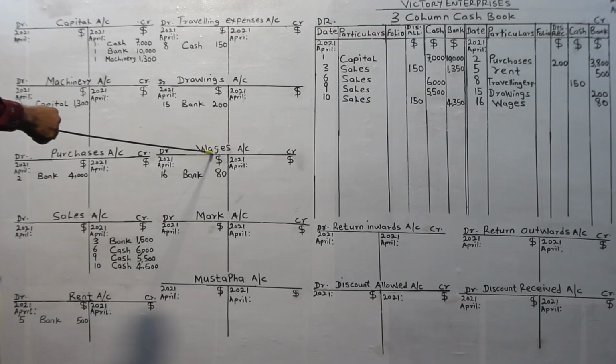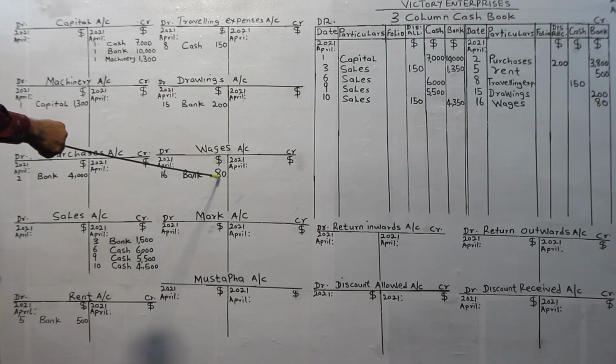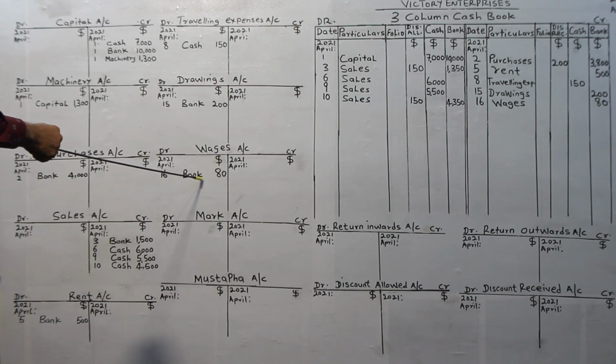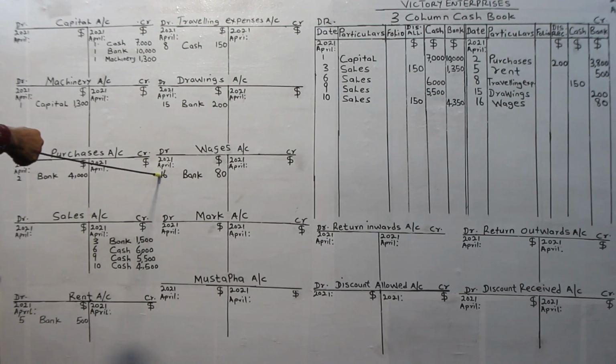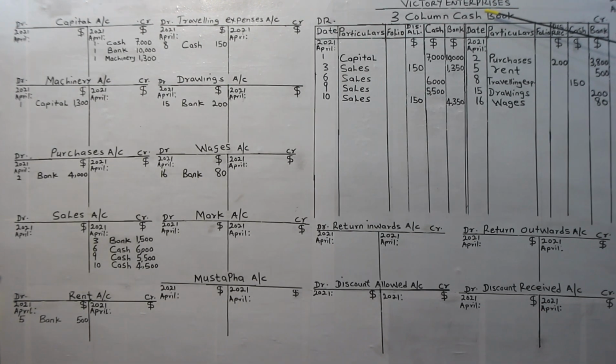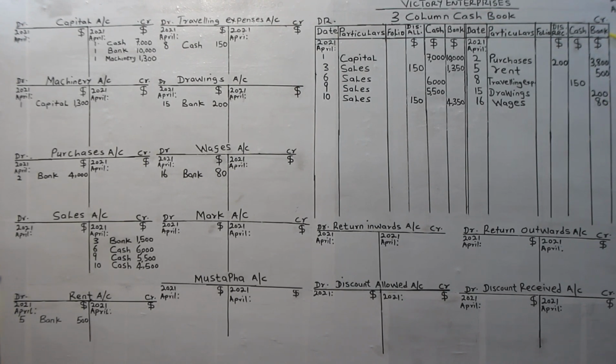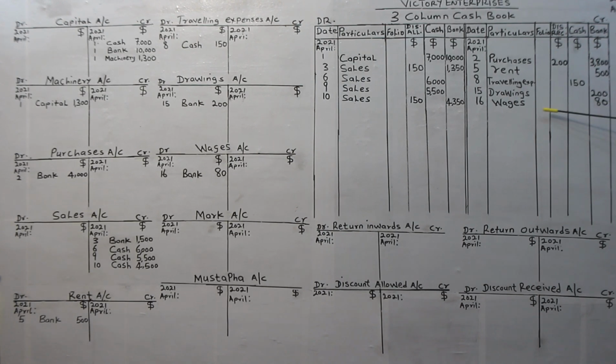So we debit the wages account for receiving $80 through the bank column of the cash book on April 16th, 2021, while the cash book will be credited under the bank column with $80 given out for the sake of wages on 16th of April 2021.